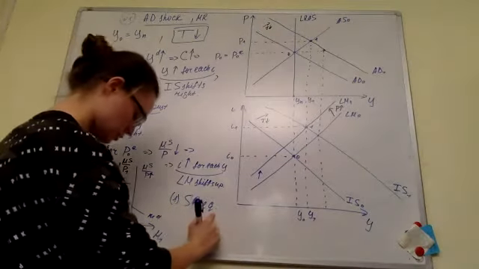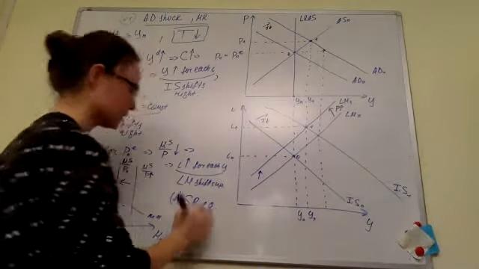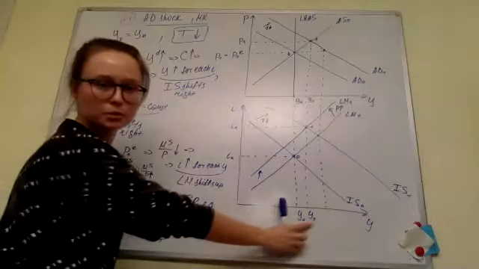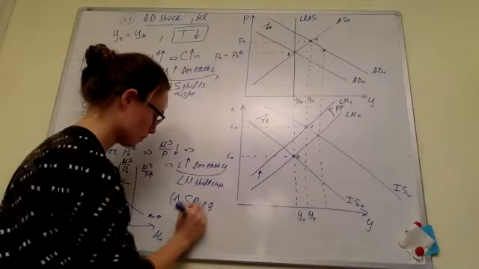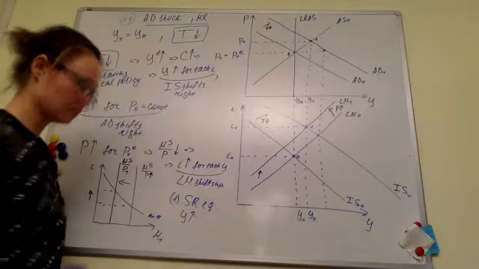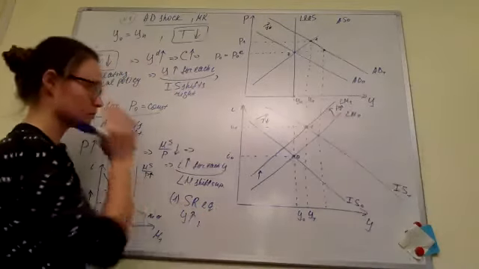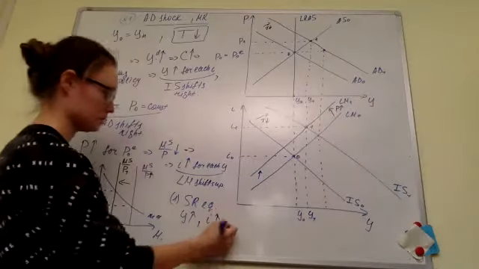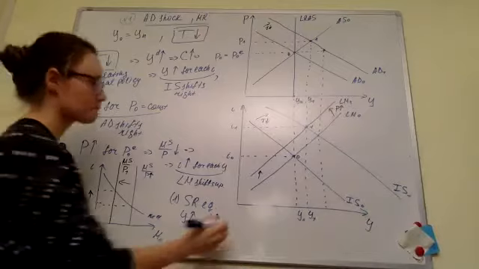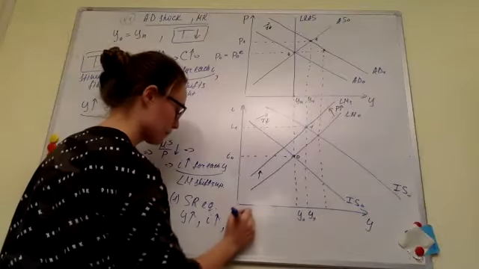In short run equilibrium, we see a higher level of output, from y0 to y1. Output goes up. Also the interest rate goes up, and prices go up.